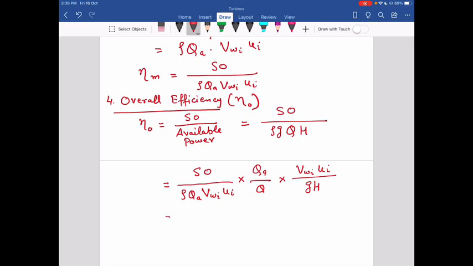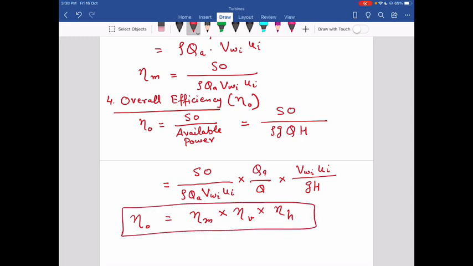So this is equal to the mechanical efficiency into volumetric efficiency into hydraulic efficiency. So eta O is equal to the product of the other three efficiencies.